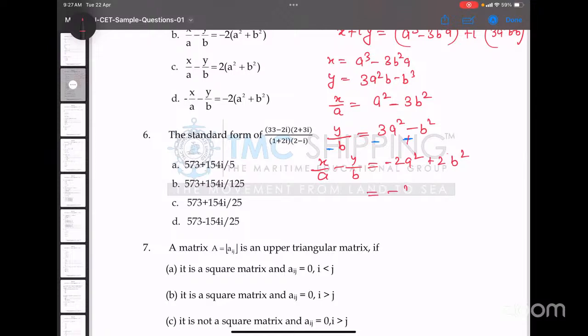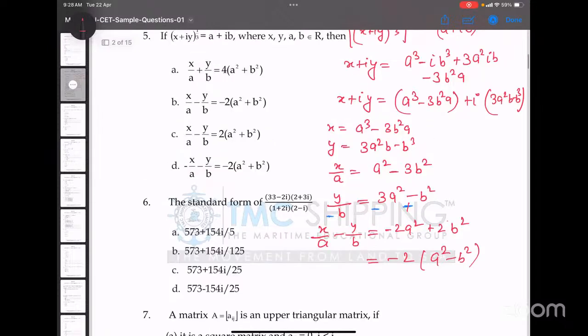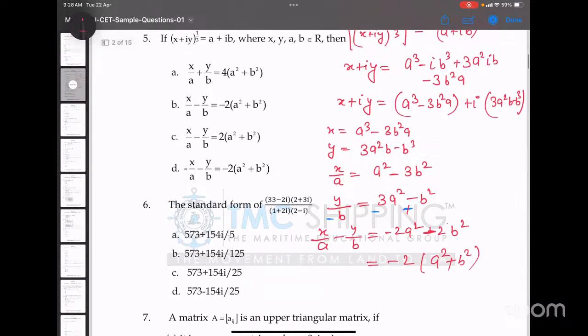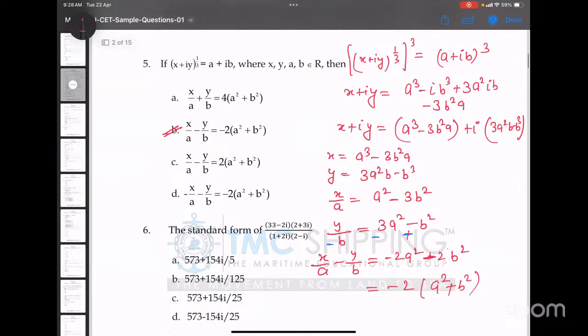So if you take minus 2 common, it will be minus 2 times a square plus b square. Your option B. This will be actually minus and this will be plus. Yes, right. Option B is the correct option. Understood? Yes, sir.